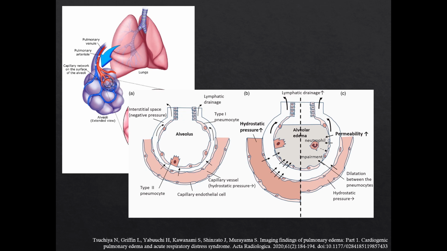In non-cardiogenic pulmonary edema, fluid travels through the interstitium and into the alveolar airspace due to an increase in permeability in the alveolar capillaries, which also contributes to an increased protein presence in that fluid. This can be due to a number of things, including pneumonia, inhalation injury, sepsis, airway obstruction, or many other possible causes.